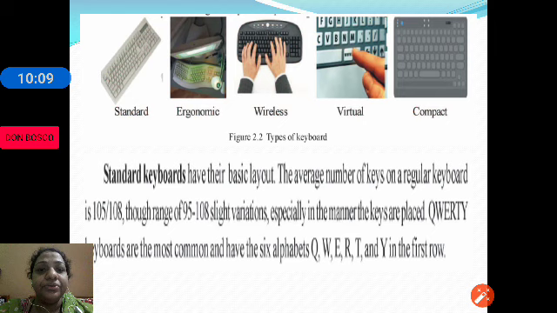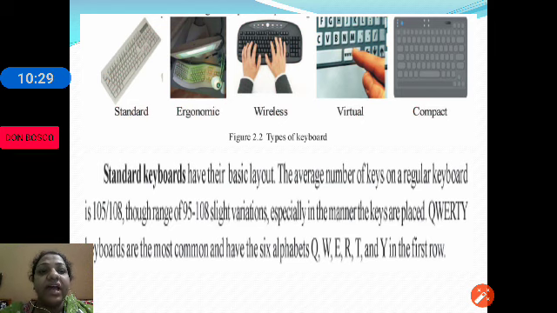Standard keyboard is generally used in most of the computers. The standard keyboard has a basic layout. On average, they will have 105 to 108 keys. There may be a slight variation of 5 to 6 keys extra.